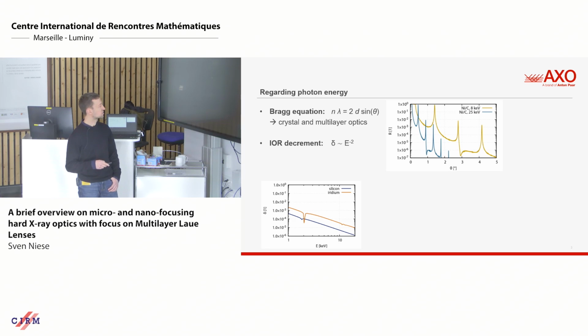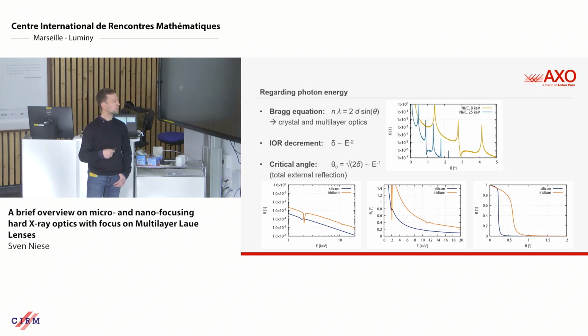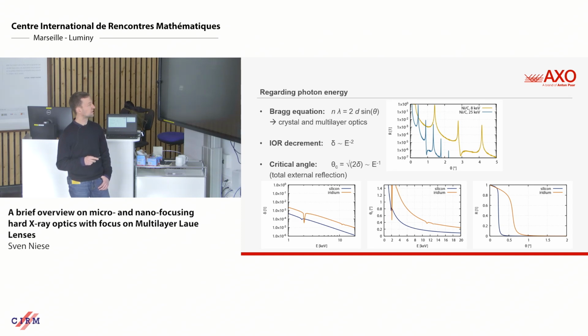So here it's shown for example for silicon, which is a typical substrate, and iridium, which might be a single layer on top for total external reflection. If we want to go to the total external reflection, one has to consider the critical angle. You can get a good estimate of this with the square root of 2 times this delta value.